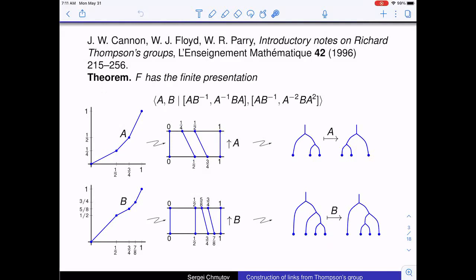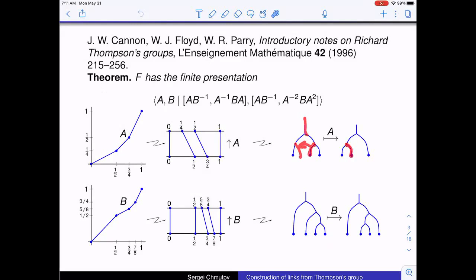So the transformation A is going to be like that. I am supposed to look at the root of the tree and look at the first leaf edge to the right of that, and just move it to the left. So it becomes like that.